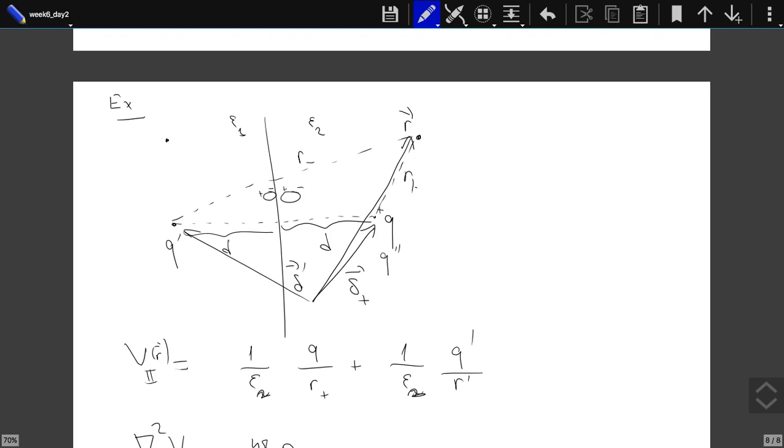When I'm in region 1, the image will be in region 2. When I'm in region 2, the image will be in region 1. Okay? So Q double prime has the same position as Q? Yes. Q double prime, I'm just making up for the time being. And if the potential I have satisfies all my equations and the boundary conditions, I'm done.